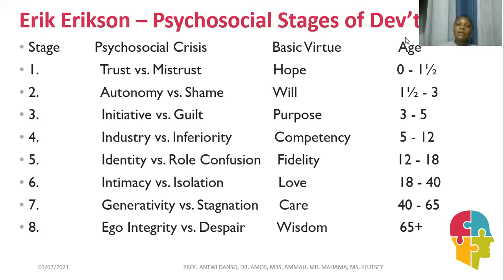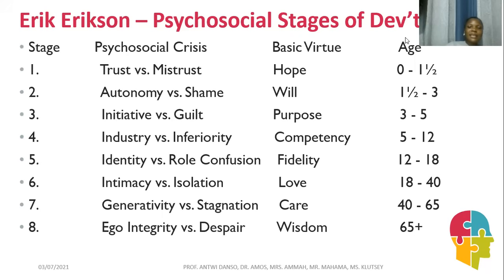Now, let's look at one of the theories under socio-emotional development, and that is Erickson's psychosocial stages of development. Now, the stages are 8, but for the purposes of this course, we will do up to adolescence, and this ends at stage 5.